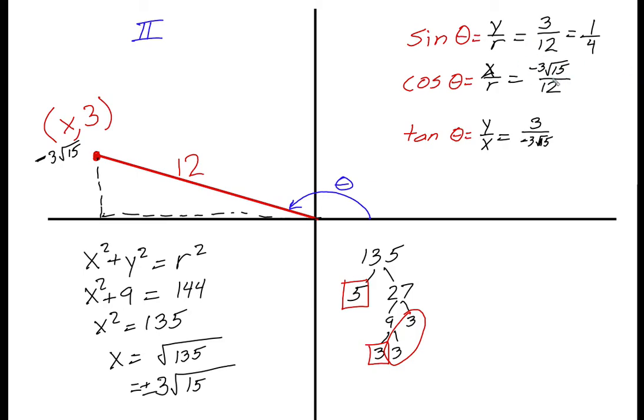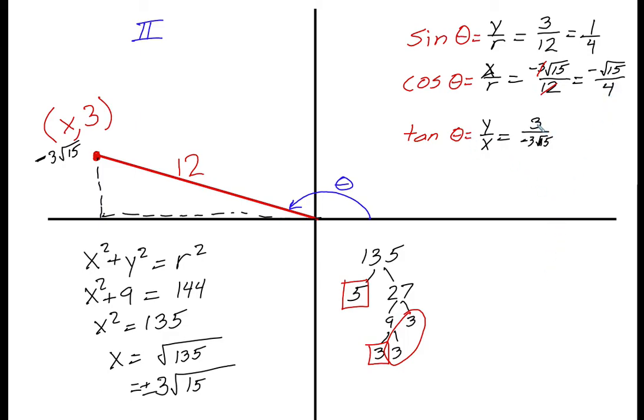For cosine, I've got a 3 on the top and a 12 on the bottom. We could cancel that, and our answer becomes negative the square root of 15 over 4.